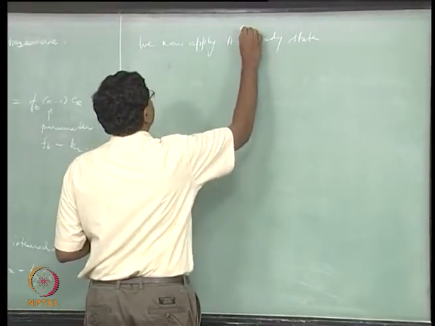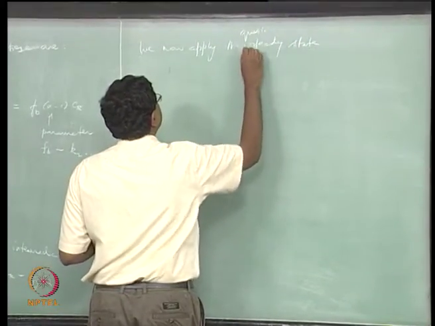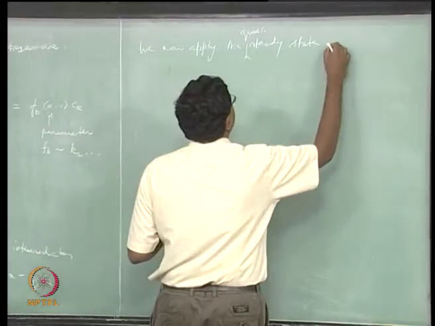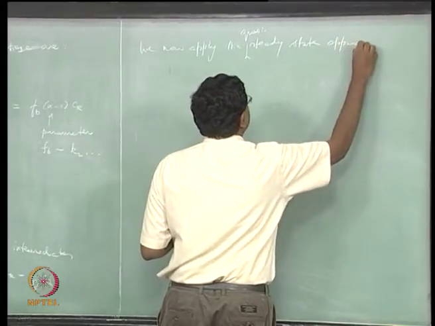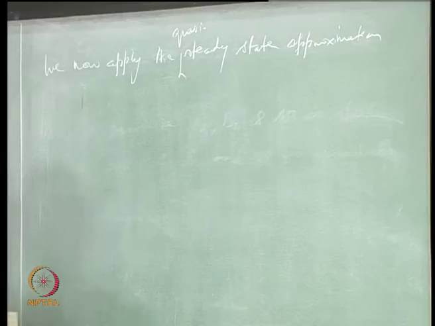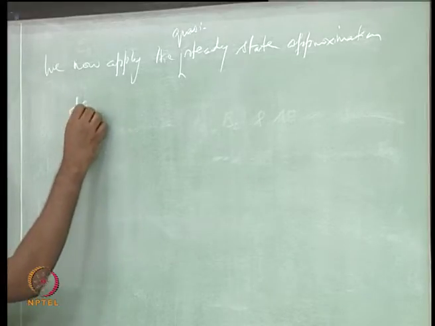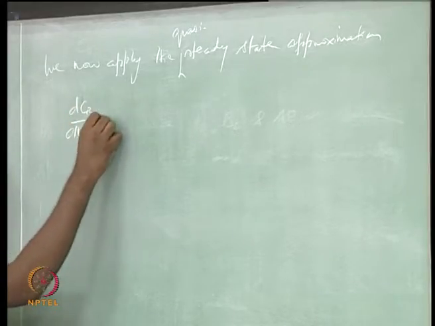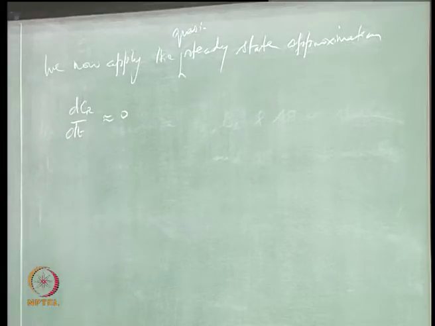Or if you want to be quite precise, we should say quasi steady state approximation. That means dCr over dt, the net rate of production, is approximately equal to 0 for the bulk of the time when reactions are proceeding, right.